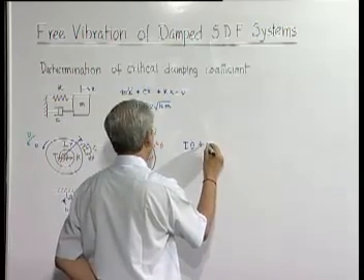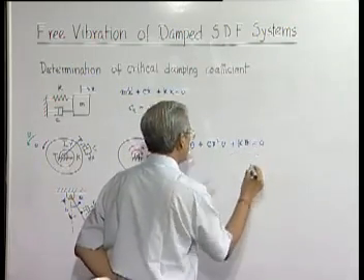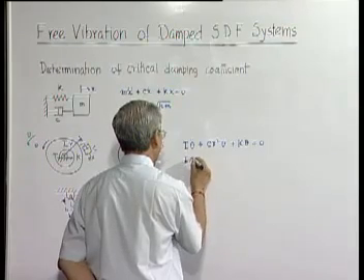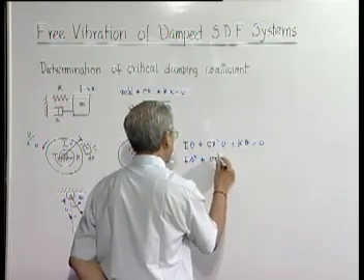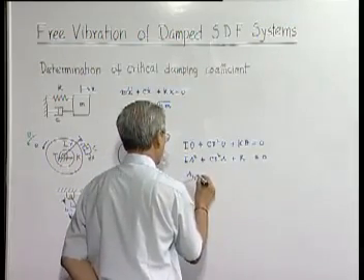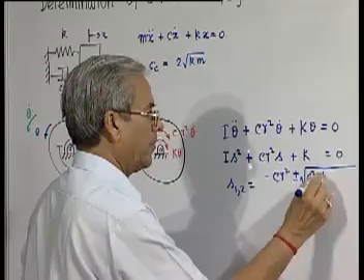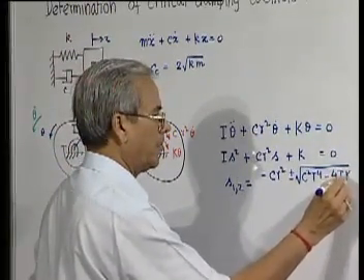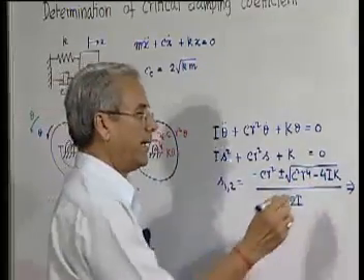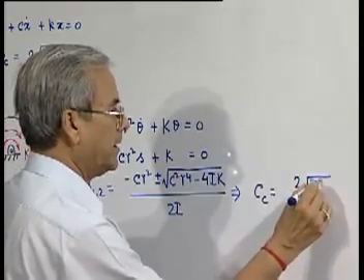That means if you bring it to one side, now assuming the solution in the usual form like e to the power st, the characteristic equation will be I s square plus c r square s plus K equal to 0, and so s1 and s2 will be... and this gives us the critical value, meaning this has to be 0, and so Cc becomes equal to 2 square root of I K divided by r square.